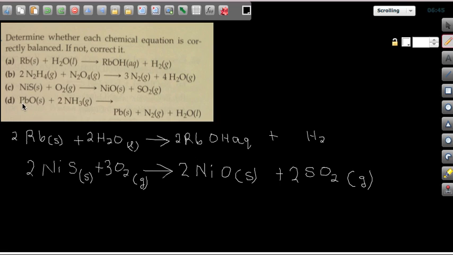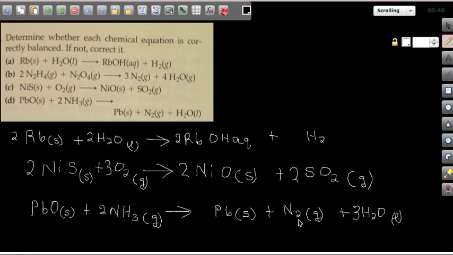So let's look at this last one here. Lead oxide plus ammonia gives you lead, nitrogen, and water. I have 1 lead. I have 1 oxygen and 1 oxygen. I have 2 nitrogen, and I have 2 nitrogen, and I have 6 hydrogen, and I only have 2 hydrogen here. So that's not balanced. We need to balance that.